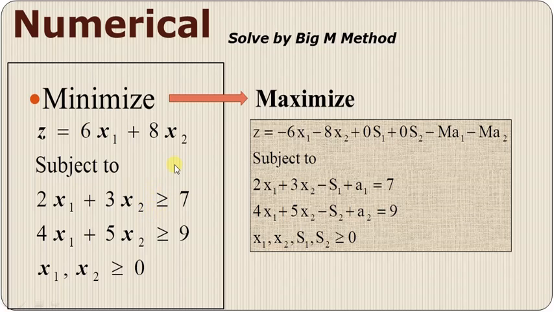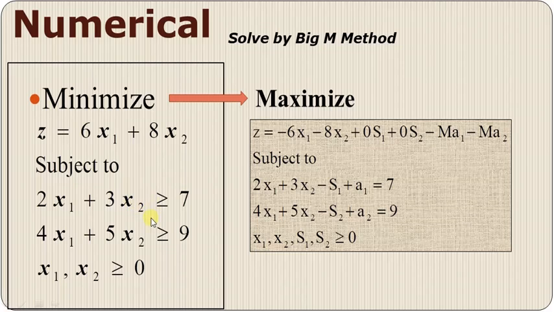So at that time we have to introduce negative slack variables to convert a greater than or equal to inequality into an equation. Also we make these negative slack variables greater than or equal to 0. That's why if you want to remove this greater than or equal to sign, we have to add a surplus variable, which is nothing but a negative slack variable, that is minus s1.